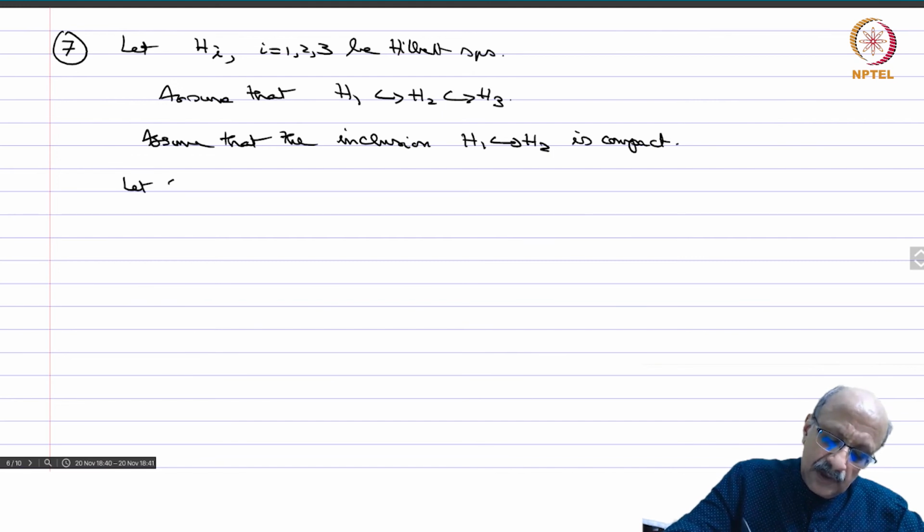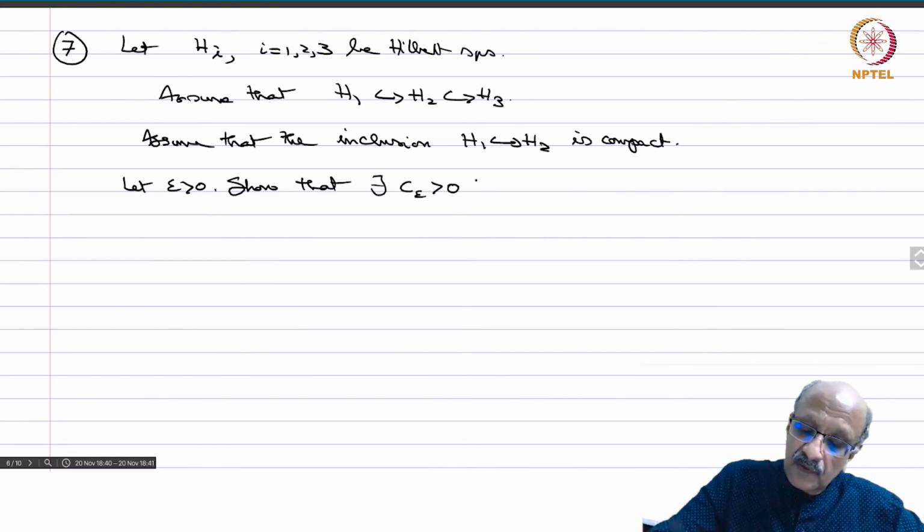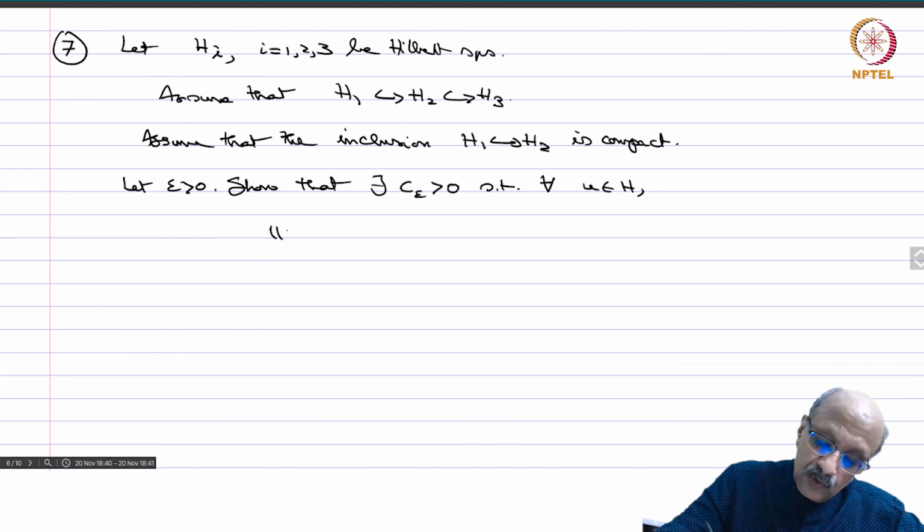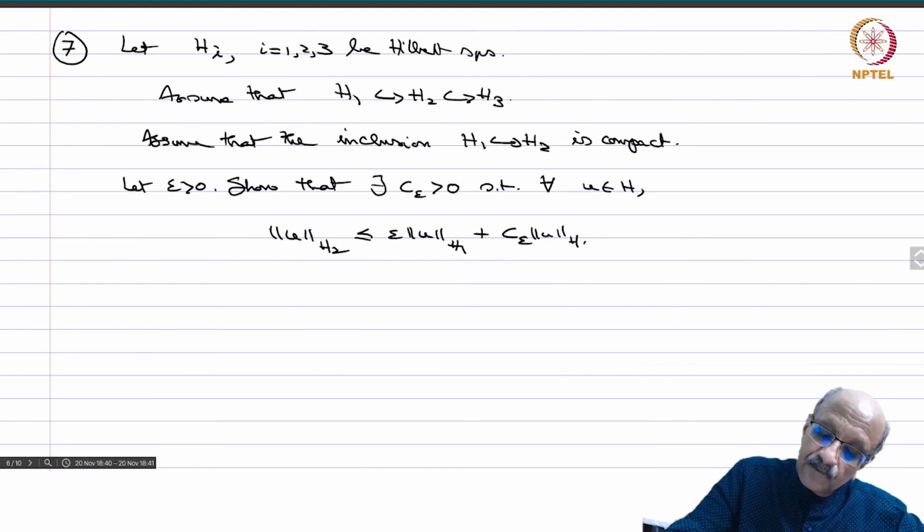Let epsilon be positive. Show that there exists a C epsilon which is positive, such that for all u in H1, which is in all the three spaces, we have that norm u in H2 is less than or equal to epsilon times norm u in H1 plus C epsilon times norm u in H3.